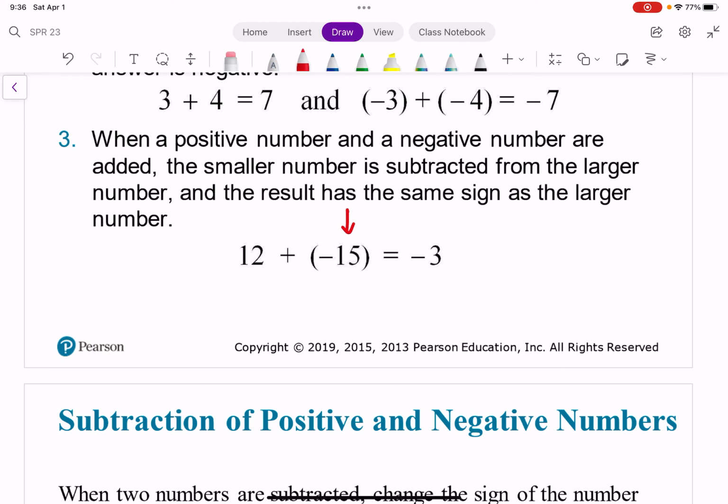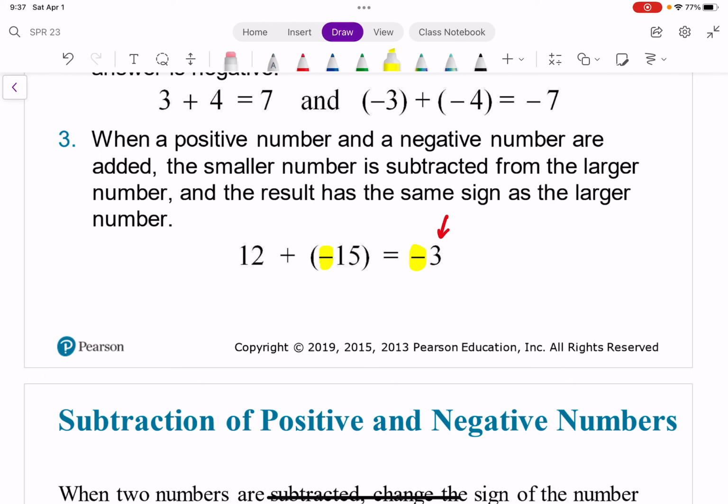And then I decide what sign I am going to have in front of it. Right now I know my number is going to be 3, 15 minus 12 is 3. And then, am I going to have a positive or a negative sign? Well, to know that, you have to look at your bigger number and say, is my bigger number positive or negative? If it's negative, my answer is going to be negative.